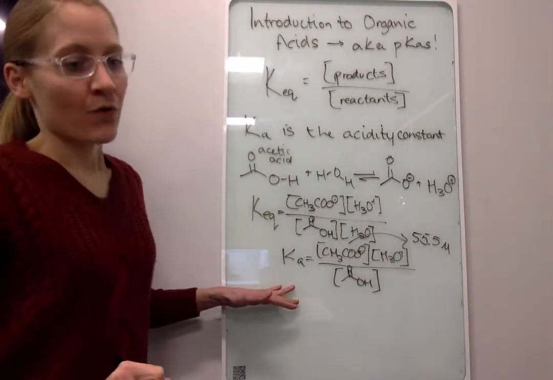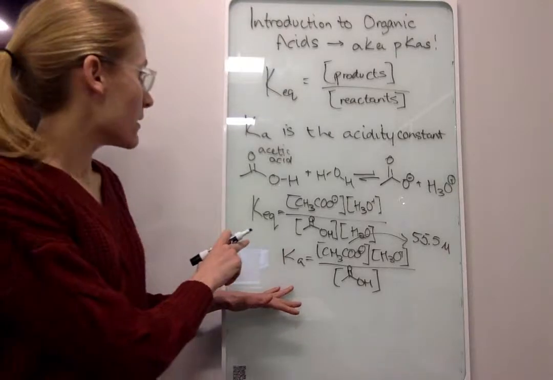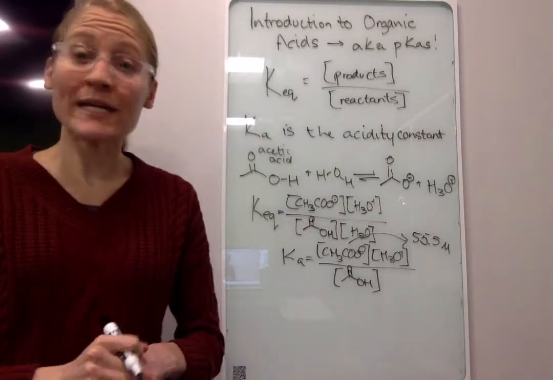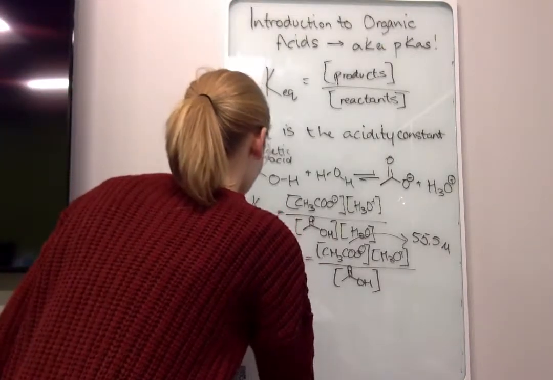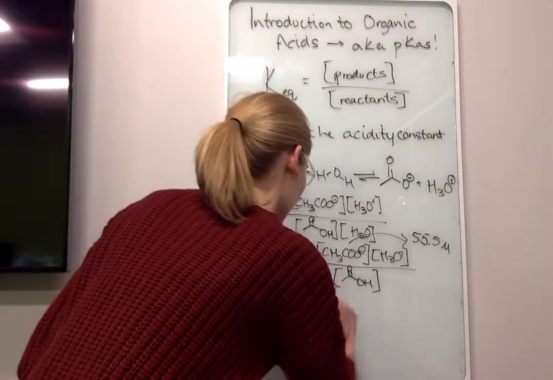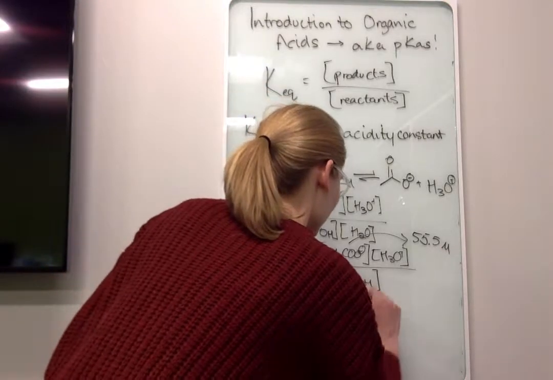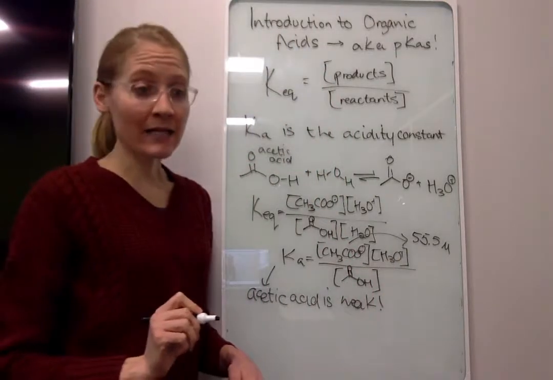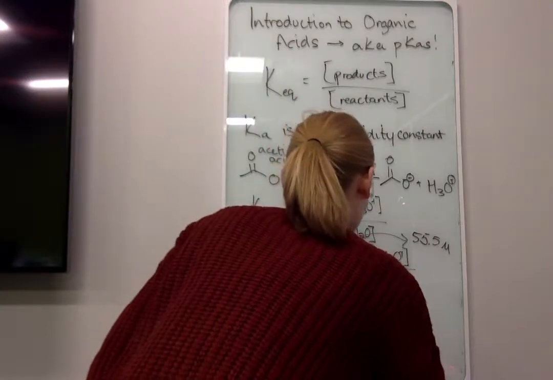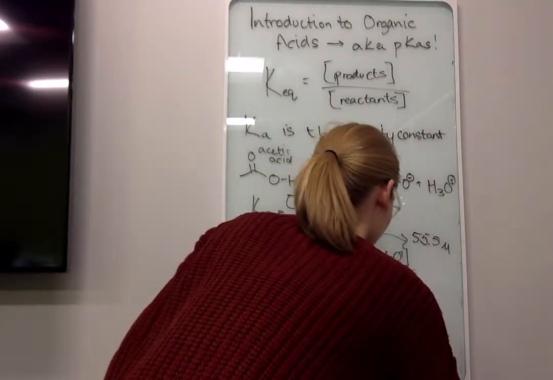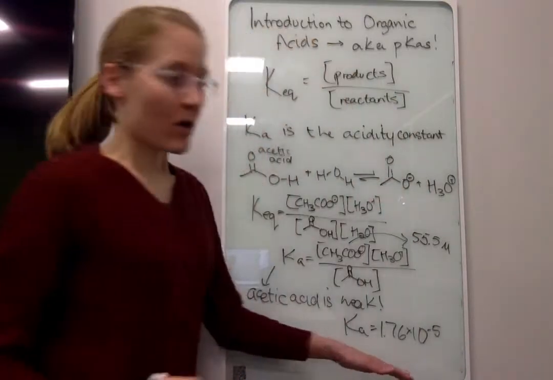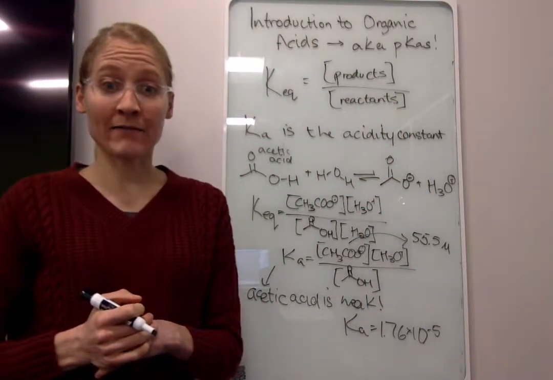And now for acetic acid, it is a weak acid. The Ka is 1.76 times 10 to the negative 5.